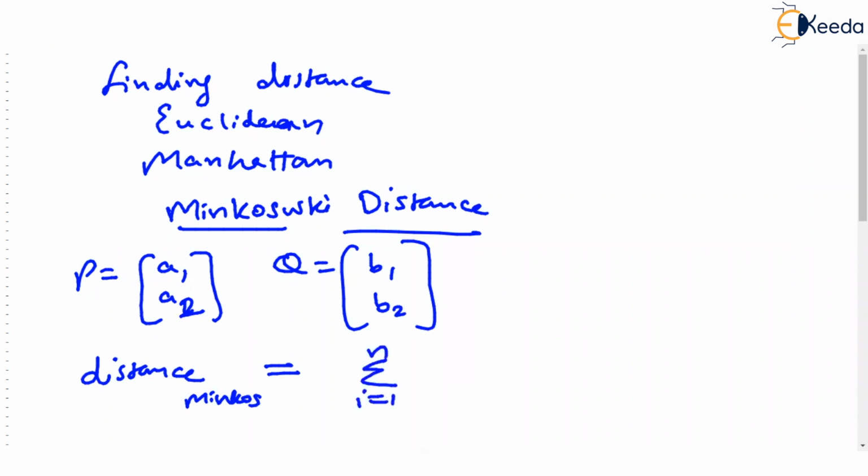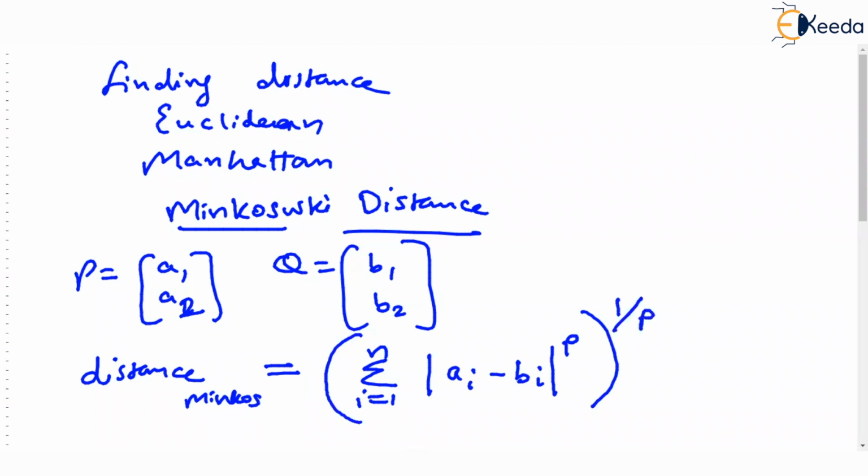Here n is 2 because P is a two-dimensional vector, and Q is two-dimensional. So it is 1 to 2 in fact. Then the absolute value of Ai minus Bi, raised to p. I'll tell you what p is. The whole thing raised to 1 by p.